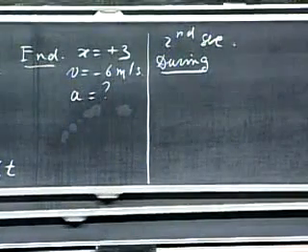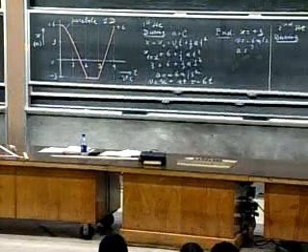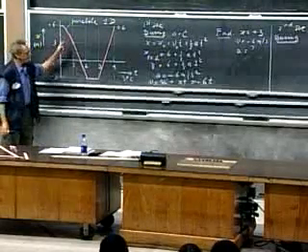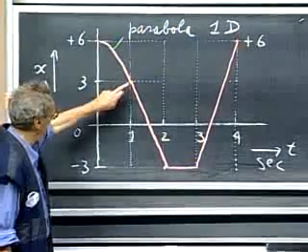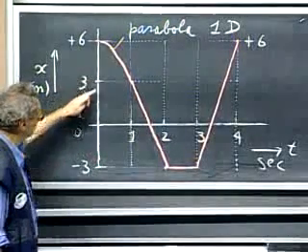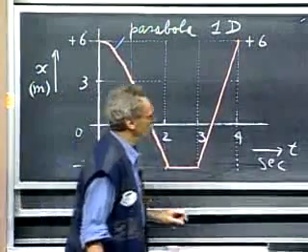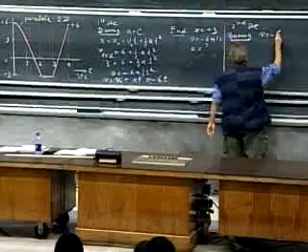During the second second, it is clear, since this is a straight line, that the velocity remains constant, and it remains minus 6 meters per second. That is exactly what it was at the end of the first second. You can see it goes 6 meters, from plus 3 to minus 3, in 1 second. So the velocity is minus 6 meters per second.